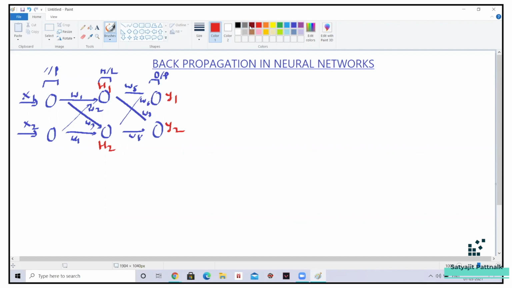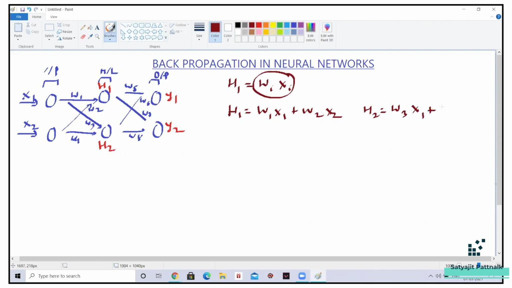If I talk about H1, we already know H1 is nothing but the dot product of weights and inputs. So here H1 is W1 X1 plus W2 X2. And H2 is W3 X1 plus W4 X2.